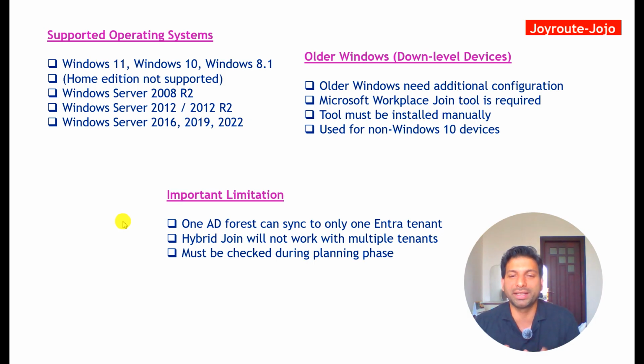Anyway, an important limitation: one AD forest can sync to only one Entra tenant. Consider you have different AD forests on-premise; multiple forests cannot connect to a single Entra tenant. Hybrid Join will not work with multiple tenants; it will work only with a single tenant. Whereas Entra ID registration will work with multiple tenants, because it's your personal device, and you can register your personal device in multiple tenants. Hybrid Entra ID Join will work only with a single tenant.